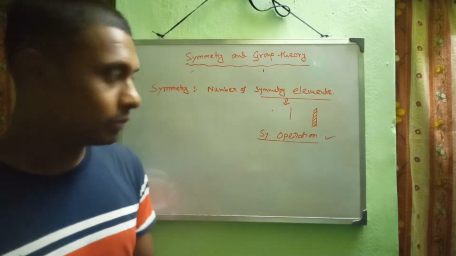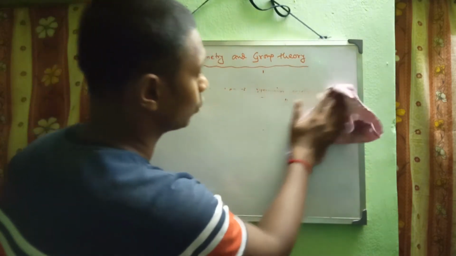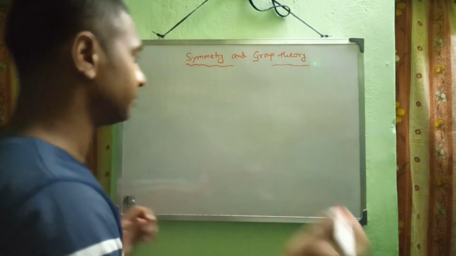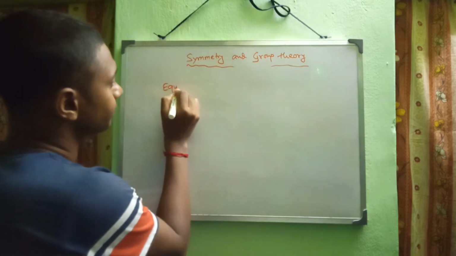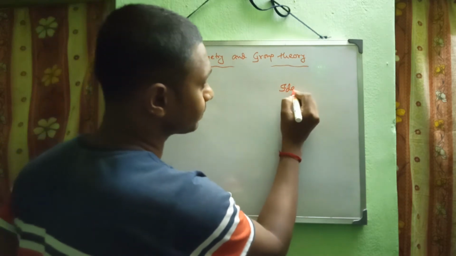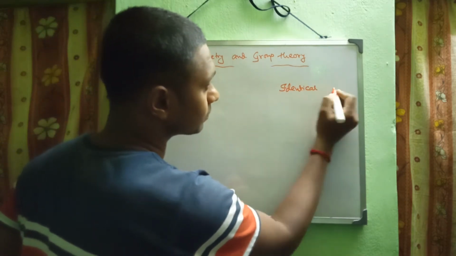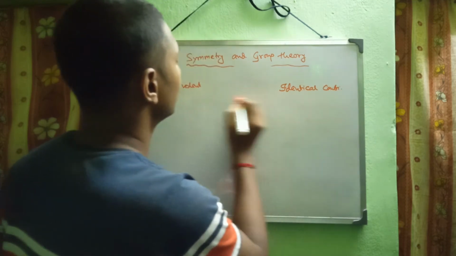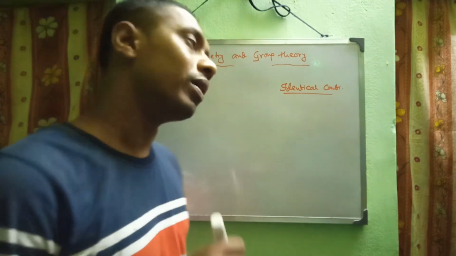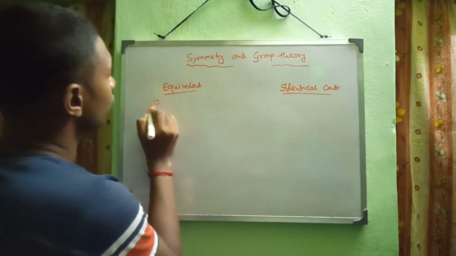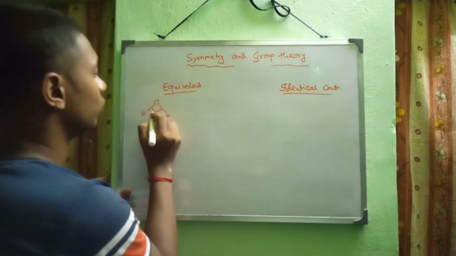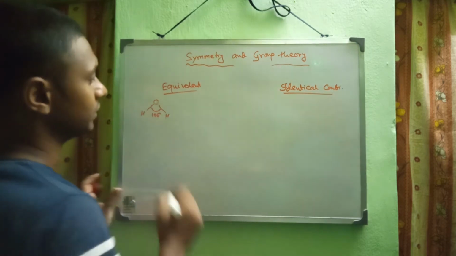Before going to the symmetry operation, we have to understand what an equivalent configuration is and what an identical configuration is. For that, let's take the example of a water molecule. We all know it has a bent structure and the HOH angle is about 104 degrees.